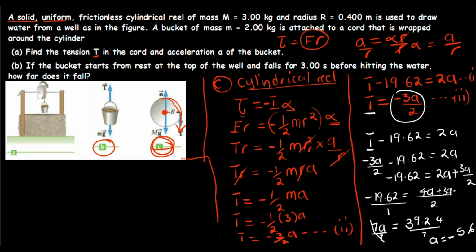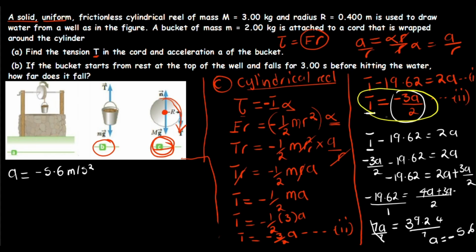That is A. So let me write it here. A is equal to negative 5.6 meters per second squared. So that is A.